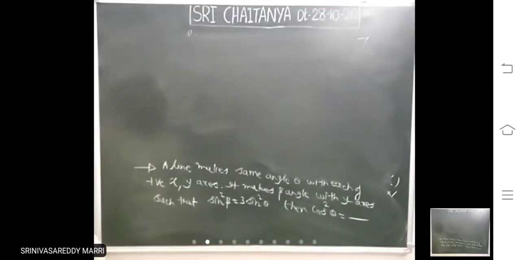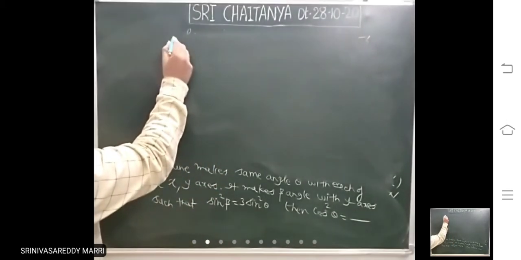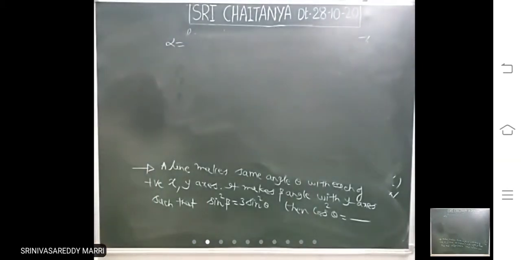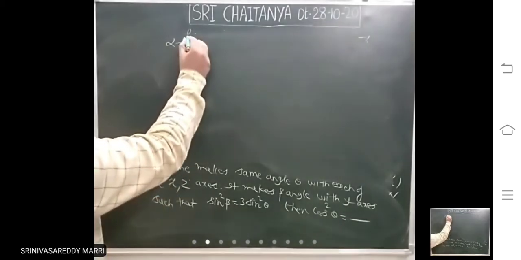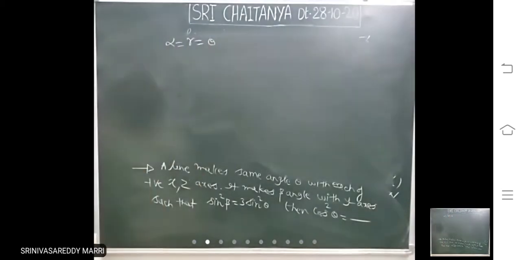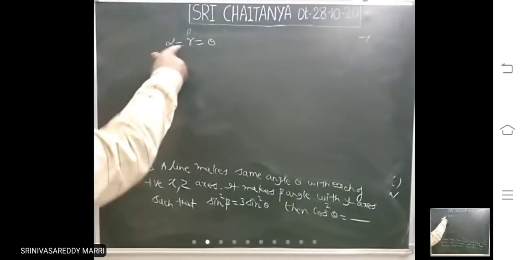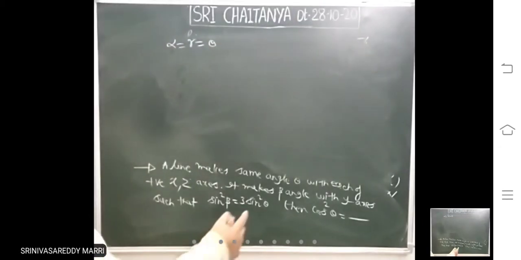Given that it makes the same angle with x and, sorry, z axis, x comma z axis. So alpha equal to gamma equal to theta.